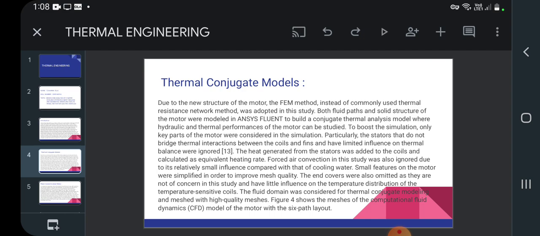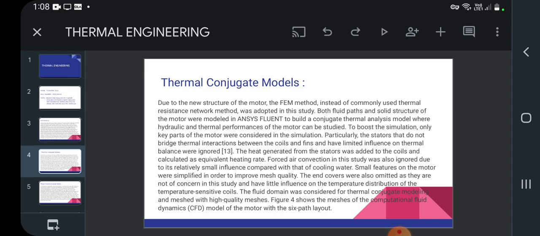The forced air convection in the study was also ignored due to its relatively small influence compared with that of cooling water. Small features on the motor were simplified in order to improve the mesh quality. The end covers were also omitted as they are not of concern in the study and have little influence on the temperature distribution of the temperature-sensitive coils.